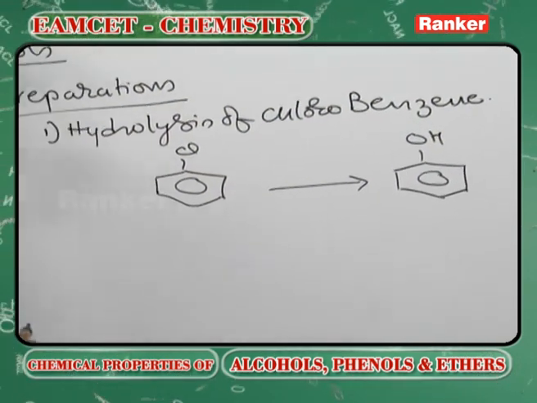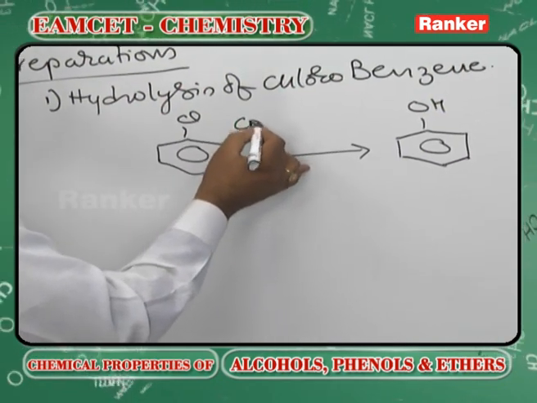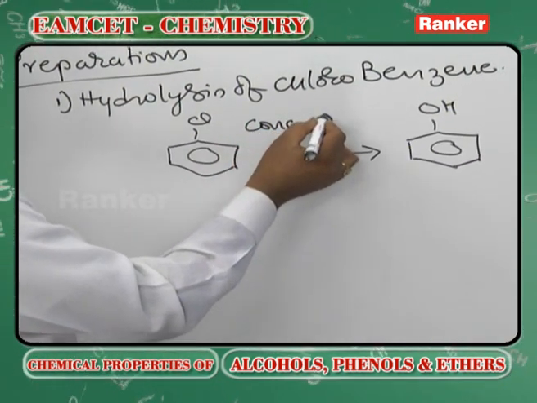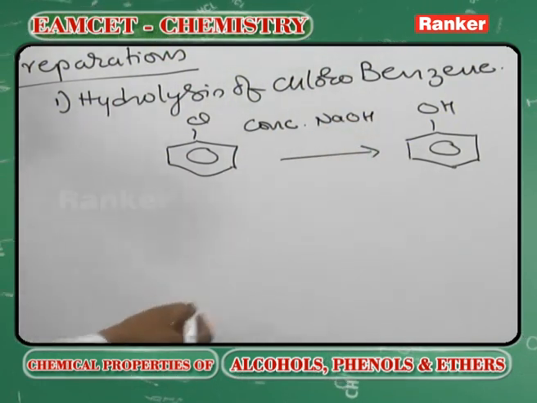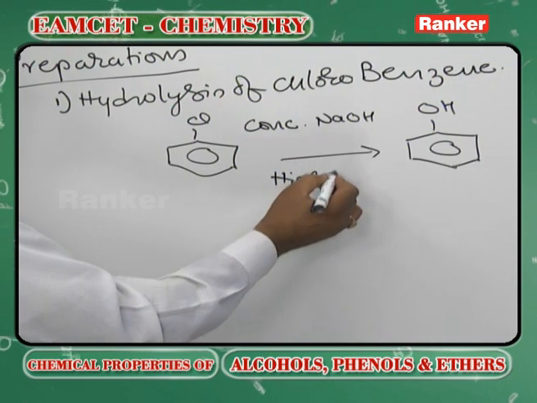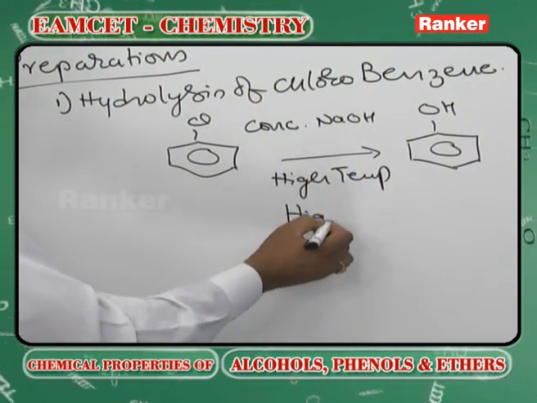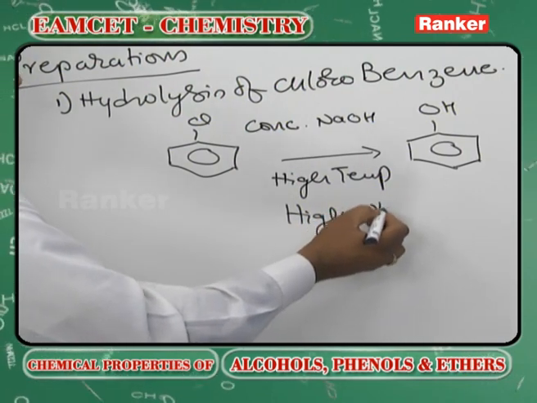But just taking the OH is not sufficient. We have to take three different conditions. One is concentrated NaOH. The second is high temperature, and the third is high pressure. All these three conditions should be there.